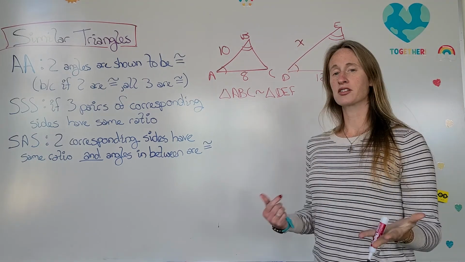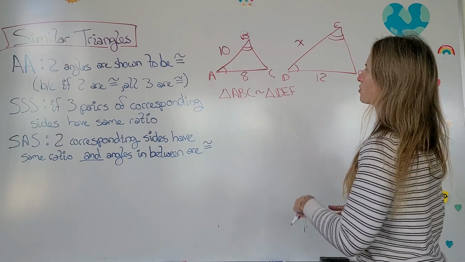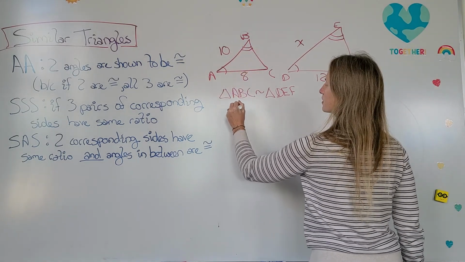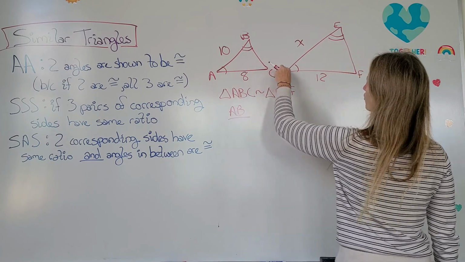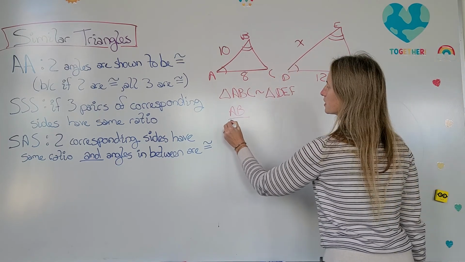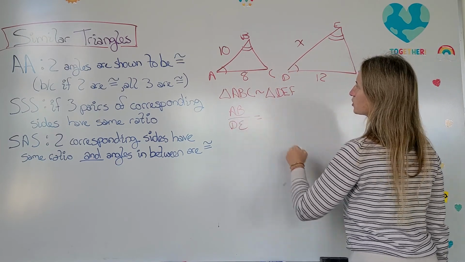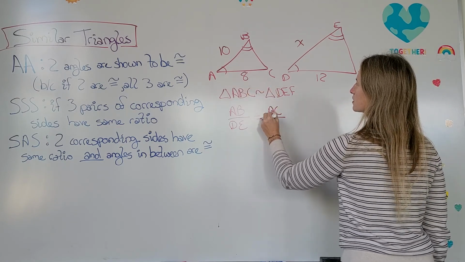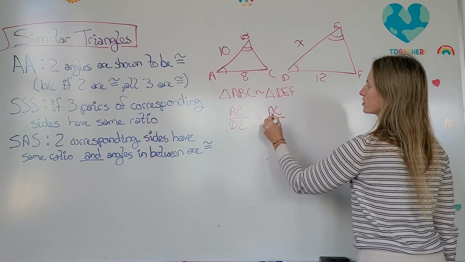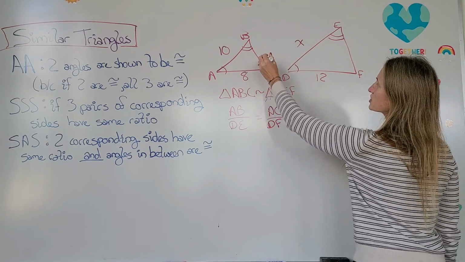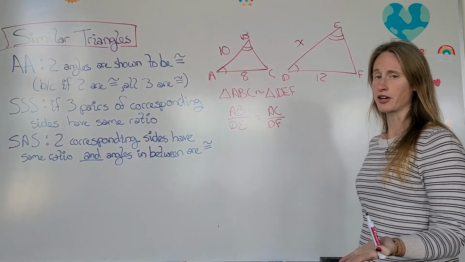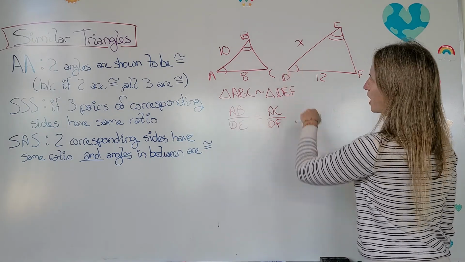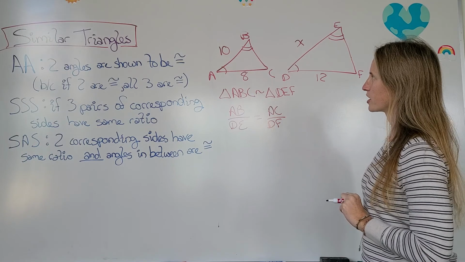I know that the sides have to all have the same ratio. So what that means is that AB over DE is equal to AC over DF. And this third side would also have the same ratio, but for this problem, this is going to help us get the side that we're interested in.